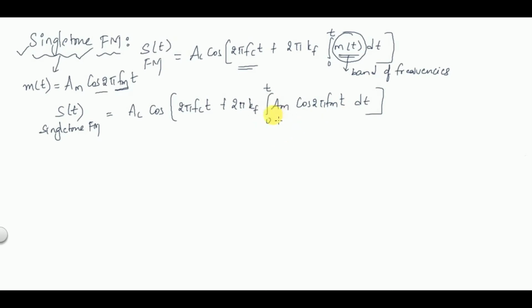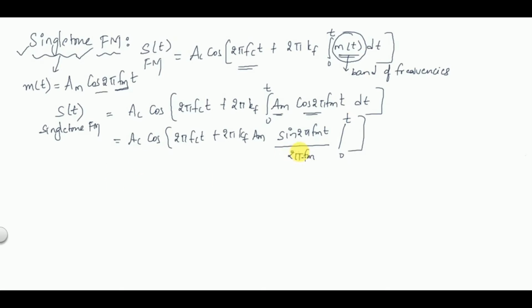Am is a constant, you can take it outside, so Ac cos of 2 pi fc t plus 2 pi kf Am, and what is left is integral 0 to t cos 2 pi fm t. The integral of cos 2 pi fm t from 0 to t is sin 2 pi fm t divided by 2 pi fm. So the 2 pi gets cancelled.